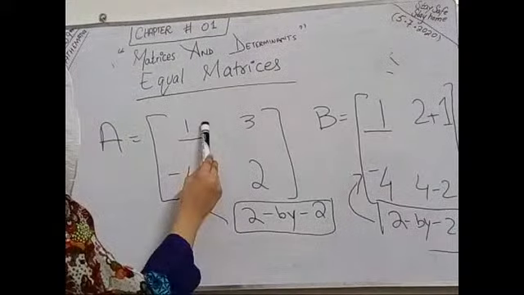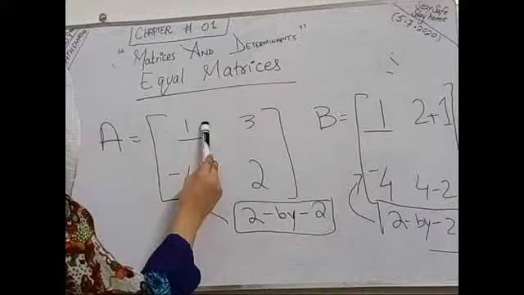First entry is 1 and here in B matrix it's also 1. So it's equal. Now it's -4. In B matrix it's also -4. In A matrix this entry is 3. So this entry should also be 3. Is it 3? Yes, it is 3.